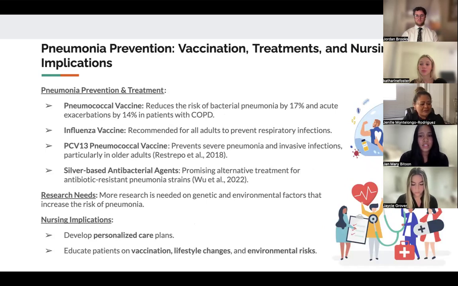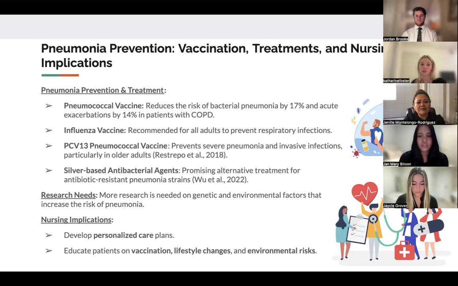There are a lot of studies as well that verify the effectiveness of vaccination. One particular study that I found stated that it can reduce pneumonia risk by 17% and acute flare-ups by 14%, especially among elderly high-risk populations with COPD. Flu shots and the PCV13 vaccine also provide additional protection.